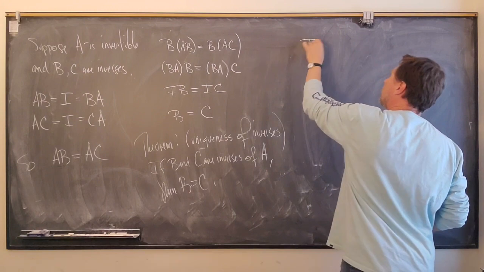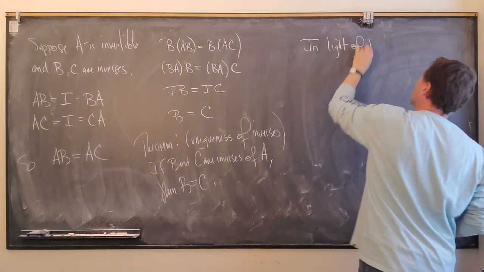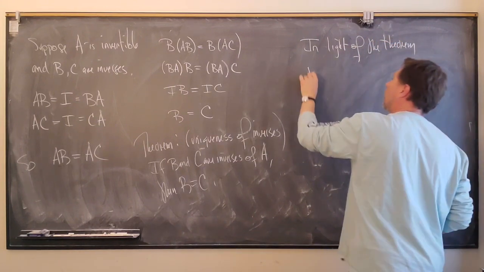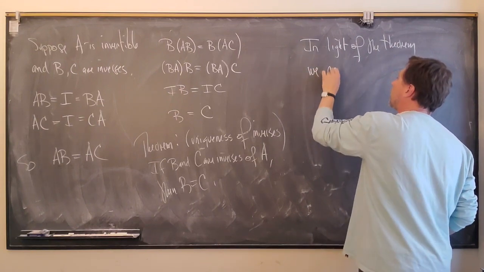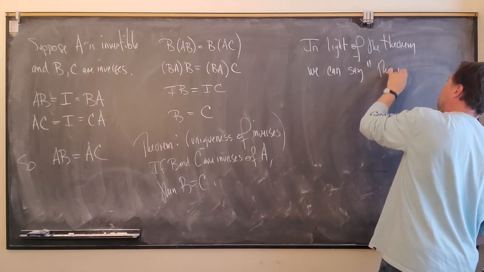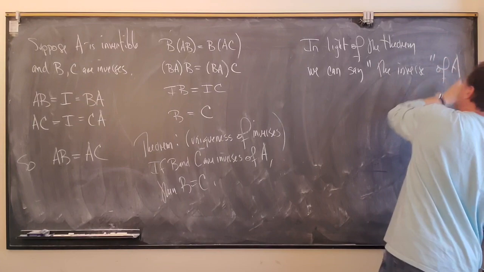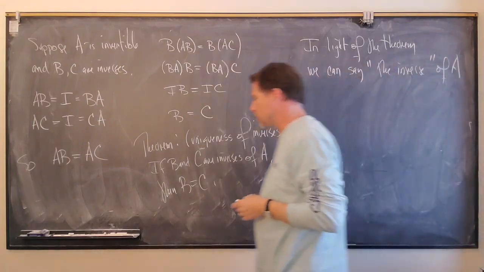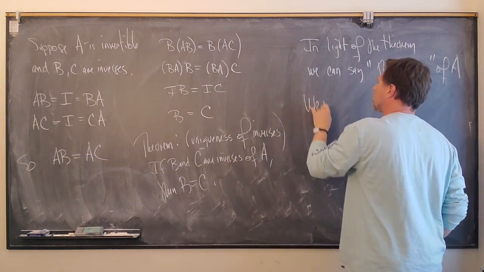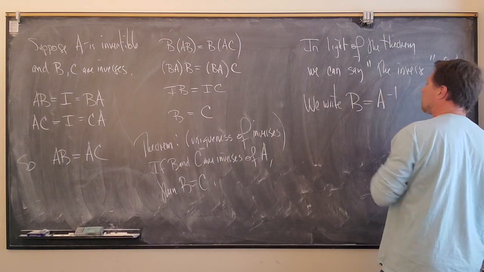So in light of this theorem, we can say the inverse of A, and now we have special notation to indicate the inverse. We write B equal to A inverse.